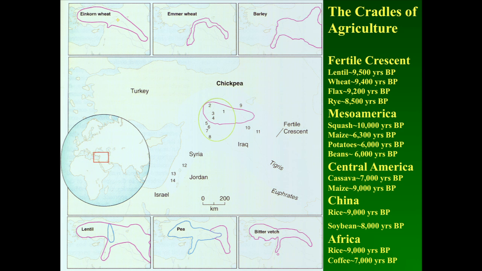In Mesoamerica, we had the development of squash, corn, zea mays, potatoes from Peru, and beans. Central America, we had cassava and maize developing in the area around Oaxaca, Mexico, roughly around 9,600 years ago.